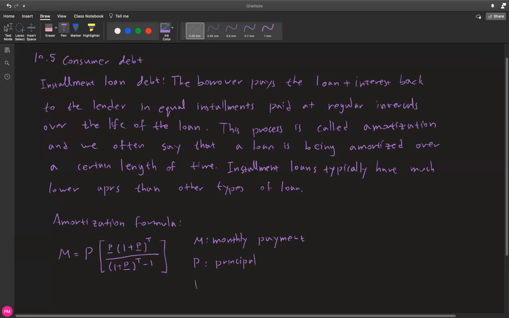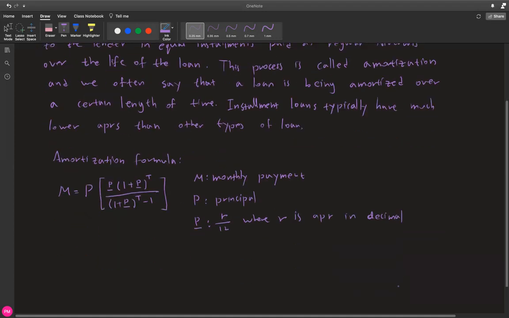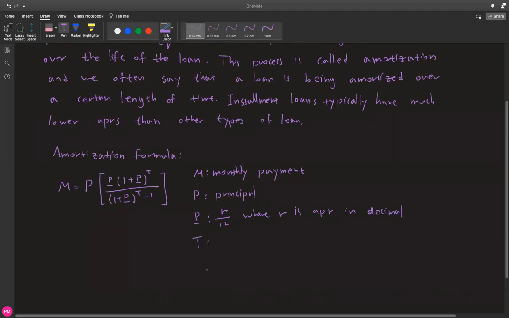And the lowercase p is defined as r over 12, where the small r is the APR expressed in decimal. And the capital T is the total number of months, or in other words, the total number of payments that we're talking about.